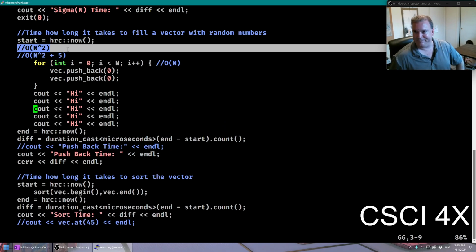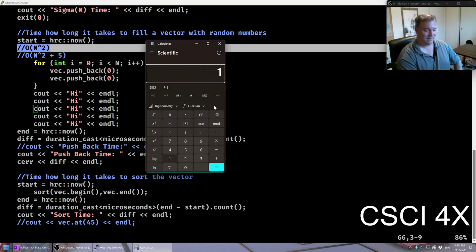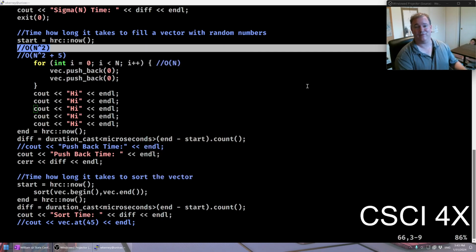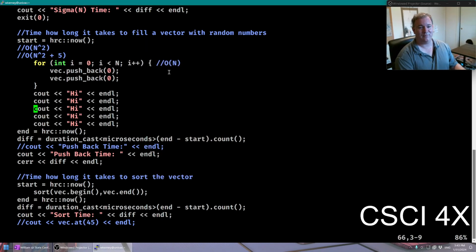When n is 10 million, n squared is a big number. 10 million squared is a large number. If you add 5 to that, do you think you're going to notice anything? Nah, not at all. It is absolutely trivial. I know some computer science people that will, but officially, according to the rules of Big O, you actually don't do that.